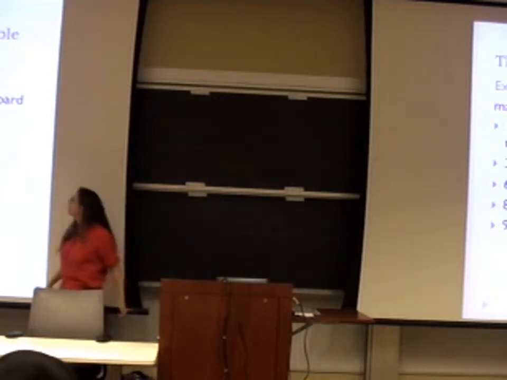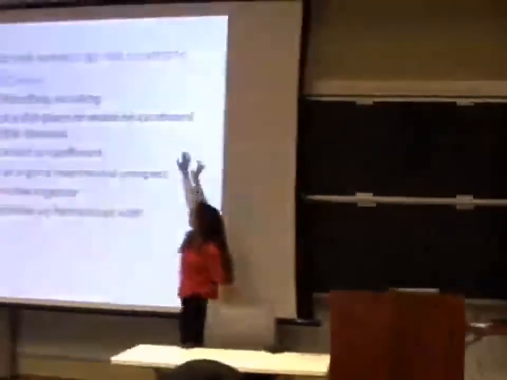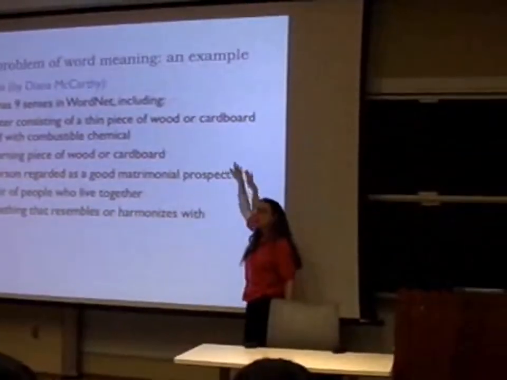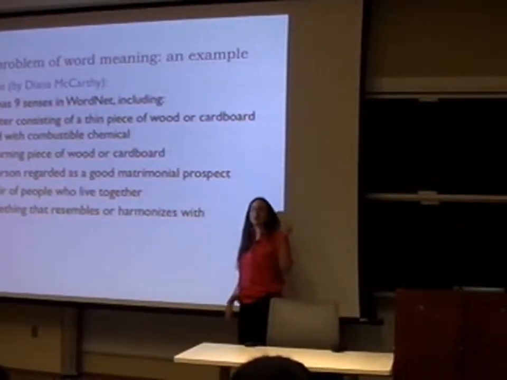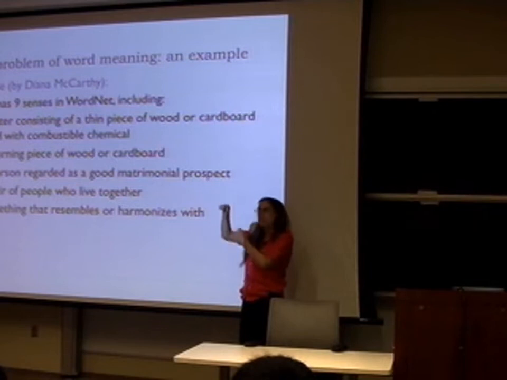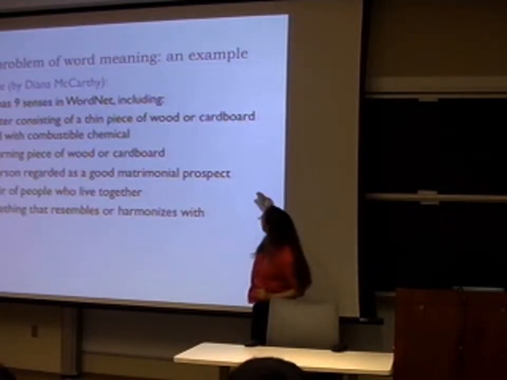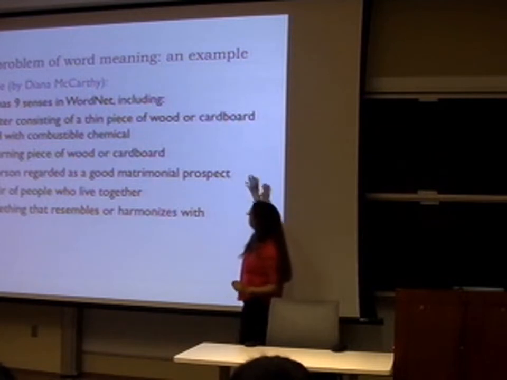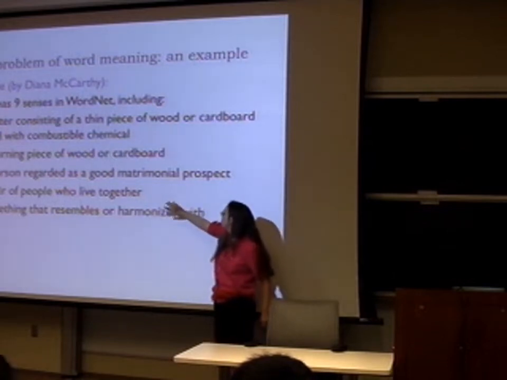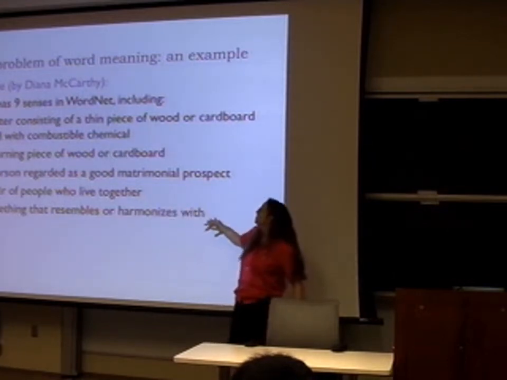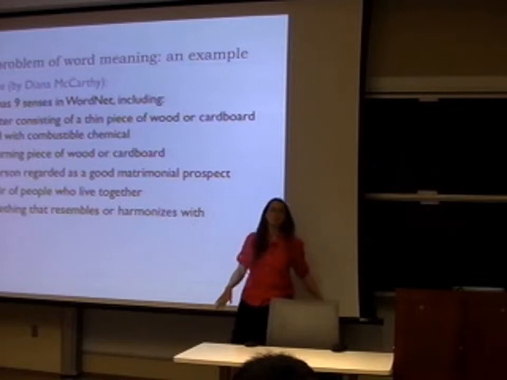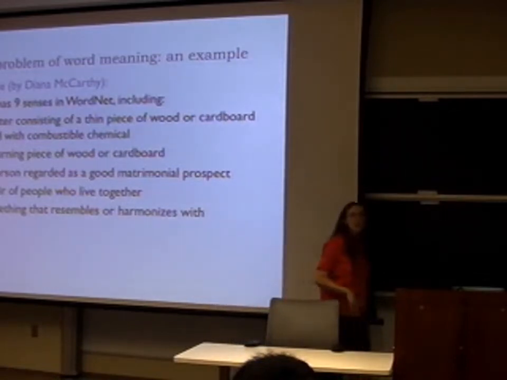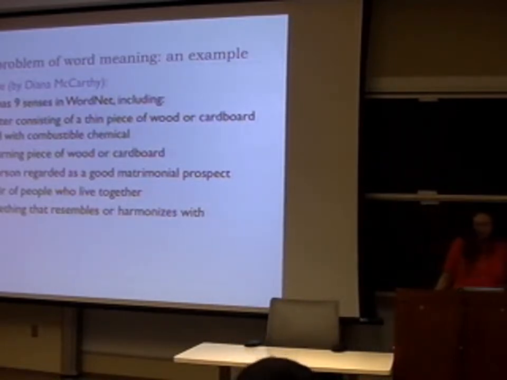Among these senses, we have sense 1 and sense 3, which both refer to this burning little stick of wood. And then, quite different from these, we have sense 6, a person regarded as a good matrimonial prospect. Sense 8, a pair of people who live together. And sense 9, something that resembles or harmonizes with something else.